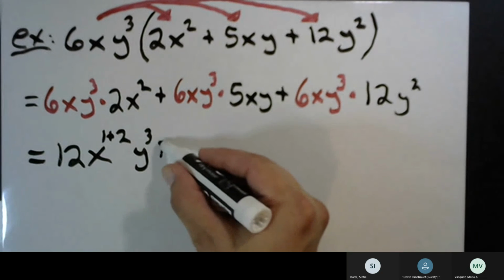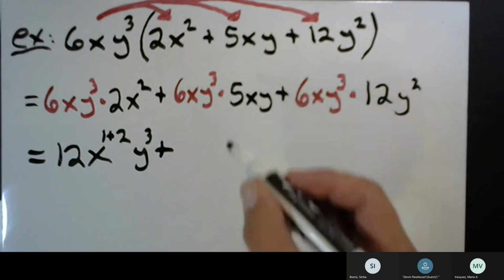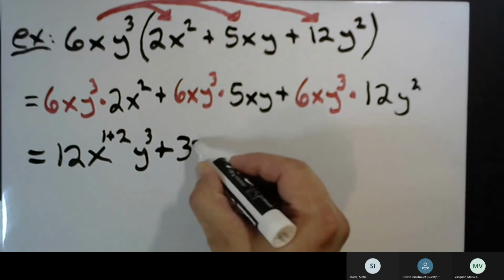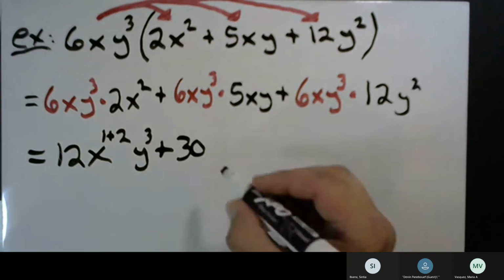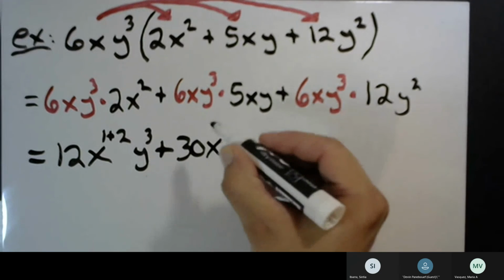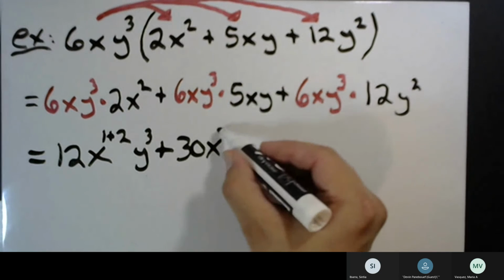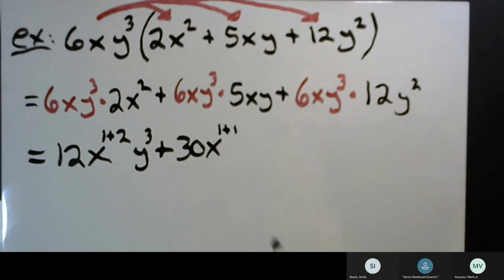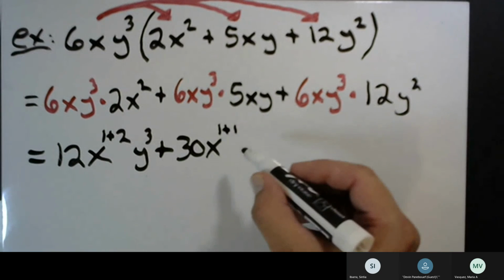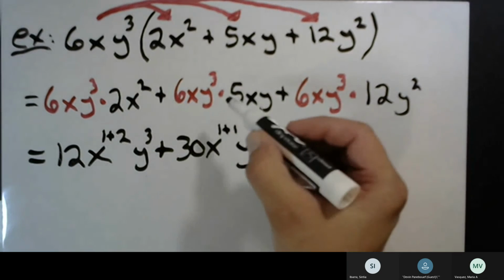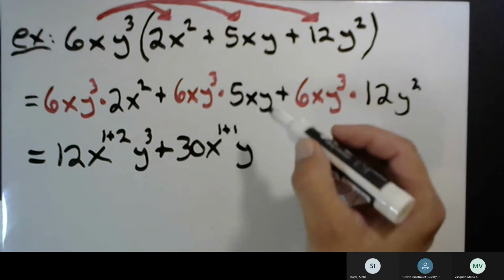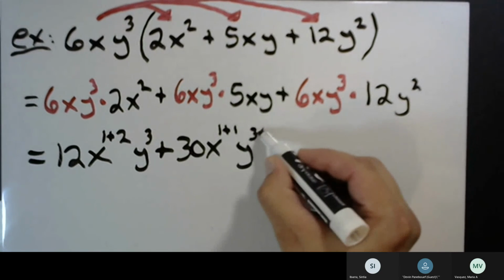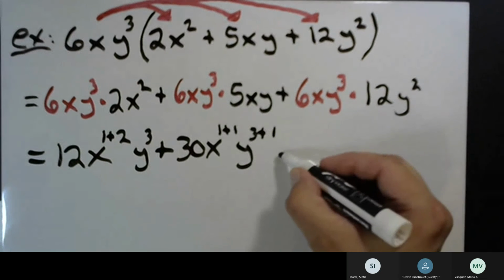Now for this other one, though, 6 times 5 is 30. And then there's x to the 1, x to the 1, 1 plus 1. And then we have y cubed, y to the 1. So that's 3 plus 1. So now we get that y coming into play.